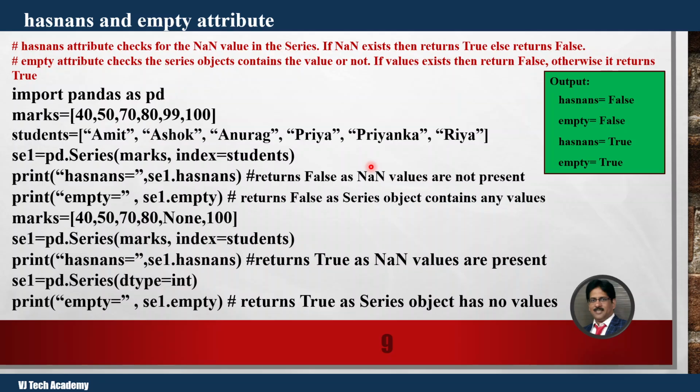Similarly, if your series object contains items in it, then empty will return false because some items are there. If no item is there in the series, then it will be treated as empty and you will get the answer true in that particular case. To understand this, let's do it practically first.